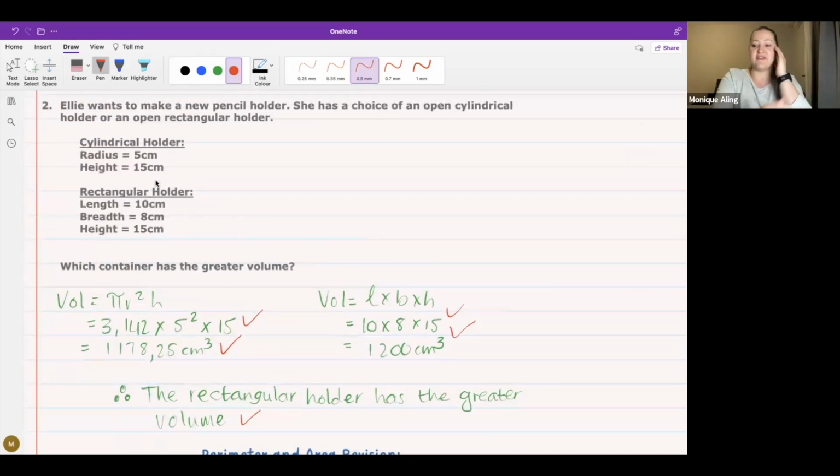Okay, how do we feel about surface area and volume after today's lesson? Are we going to be doing it in our revision classes? Nice, very positive.